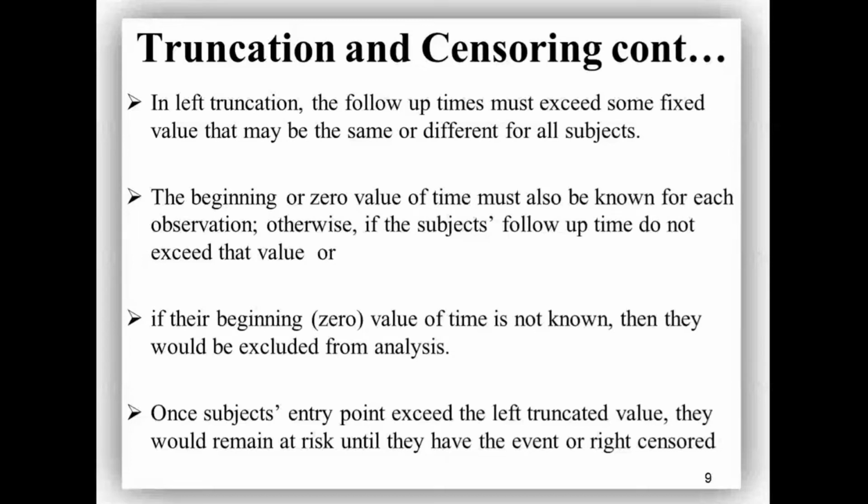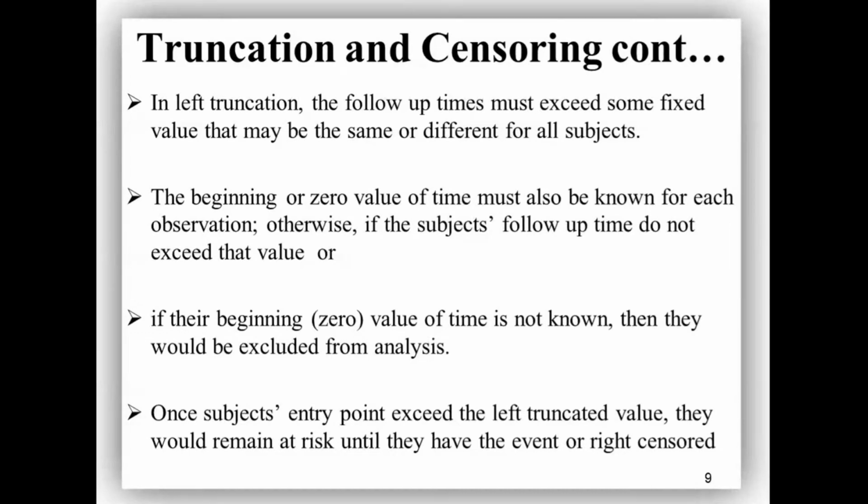The beginning or the zero value of time must also be known for each observation. Otherwise, if the subject's follow-up time does not exceed that value, or if their beginning value of time is not known, then they would be excluded from the analysis, because if you don't have the origin, you cannot know the survival time.